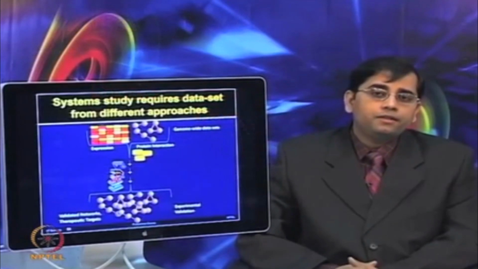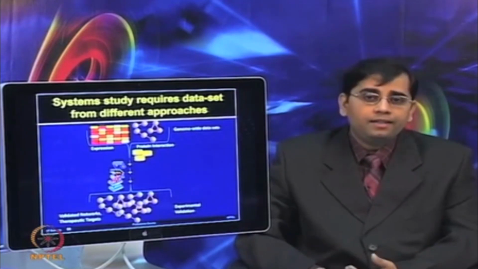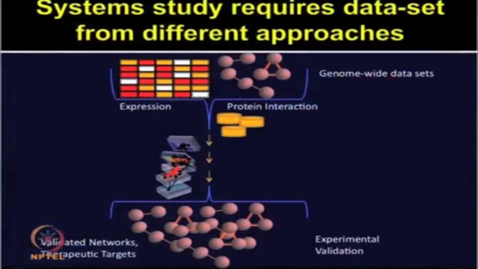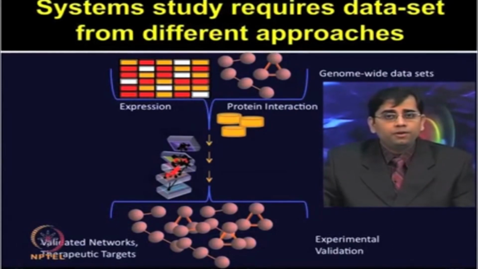The system study requires obtaining data sets from different approaches and analyzing them. For example, as shown in the slide, genome wide data sets can be derived at the genome level, looking at the expression of different transcripts, or at the proteome level, looking at different types of protein interactions.